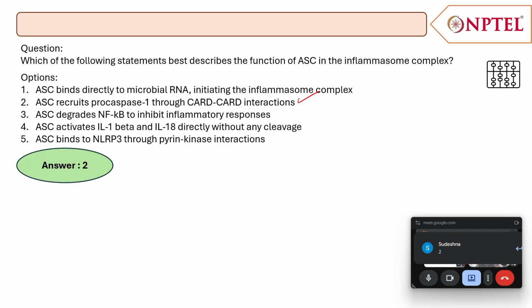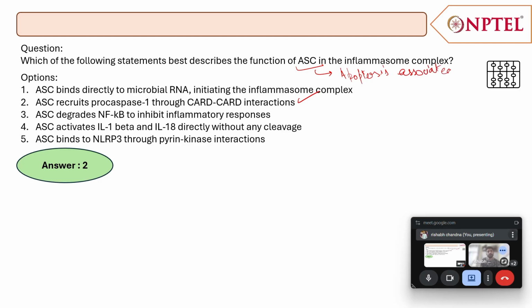Okay. So yes, the correct answer is option number two. So ASC is basically apoptosis-associated speck-like protein. Okay, so this is an adapter molecule that is essential for activating the inflammasome complex.